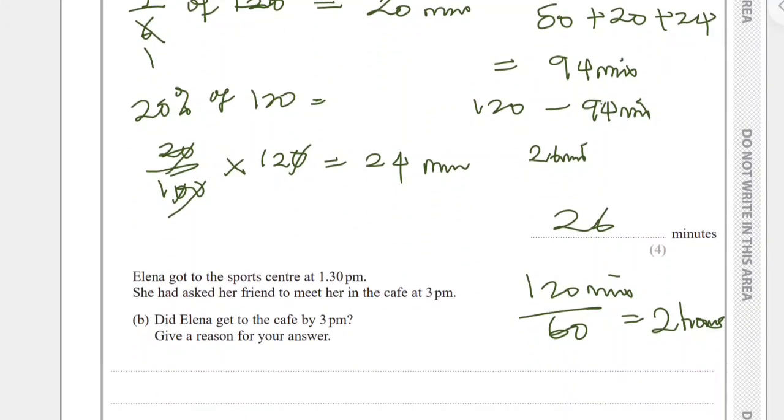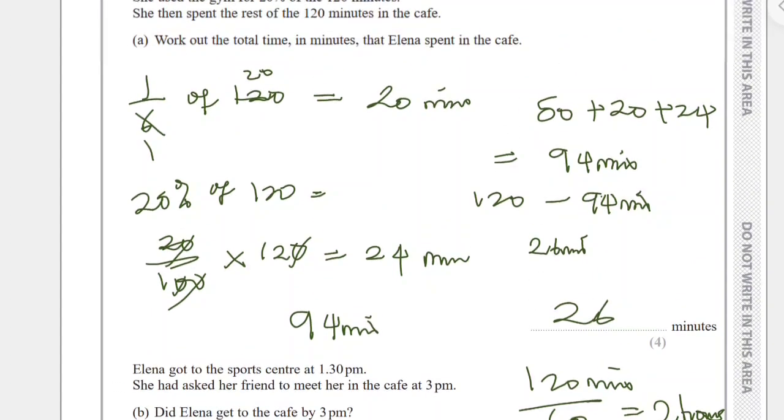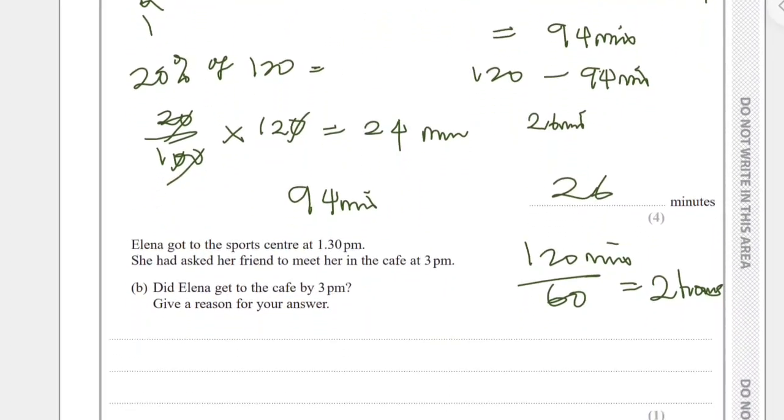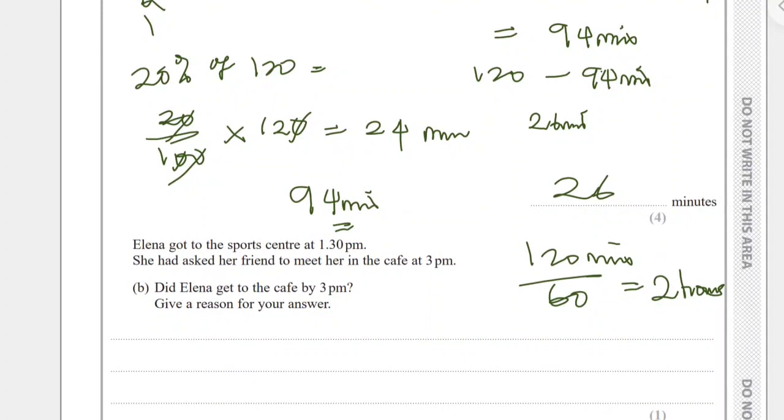Since from the previous question we discovered that she spent 94 minutes in all those places except for the cafe, that means 94 minutes is the same as 1 hour, which is 60 minutes, take away from 94, so that will be 34 minutes.